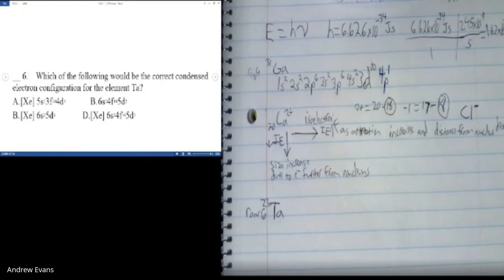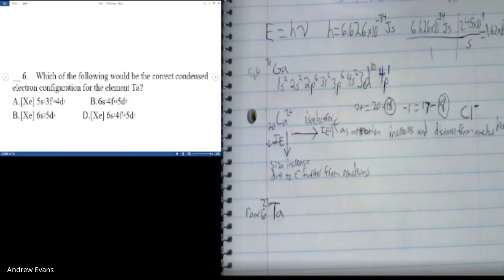So it's not 6F, it's not 5F, it is 4F14. And then we move our way back to our D's, and Thallium is under the third group in the transition metals. So it's row minus 1, so it's 5D. And then third element, so 5D3.